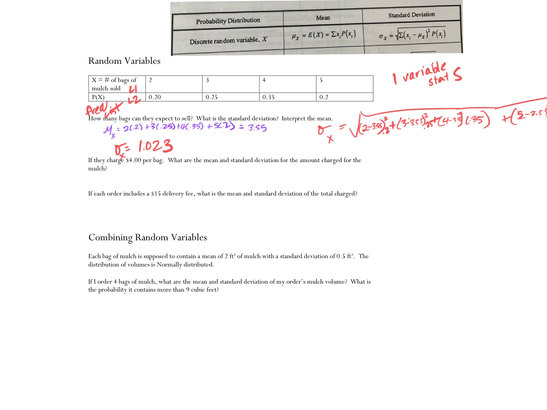Is everybody okay? Can you show how to do it again? Yeah. I put it all in, then you press stat, arrow over to calc, and do those one variable stats.